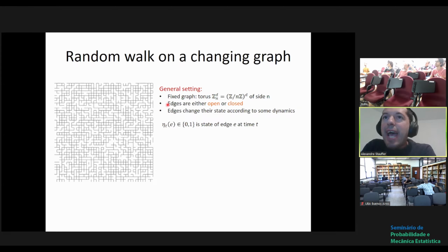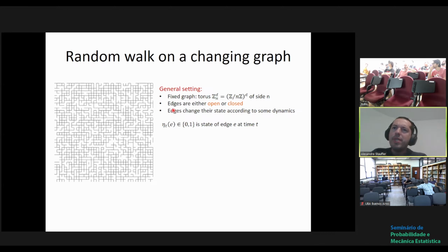And then each edge of the graph will have one of two states. It can be either open or closed. And then the state of each edge can change over time according to some dynamics, a Markov chain on the space of configurations, on the space of {0,1} to the number of edges.